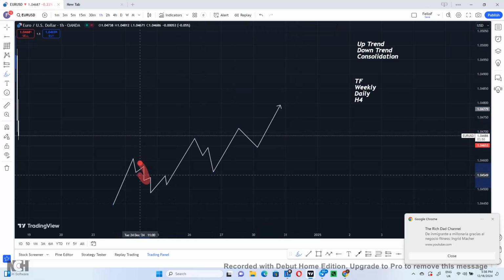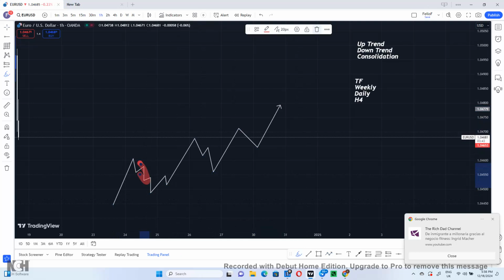You get? This could be, let's say, the daily or the weekly time frame. But on the lower time frame, like the 4 hours, you'll see a downtrend here and you get confused, forgetting that the overall trend is still an uptrend.